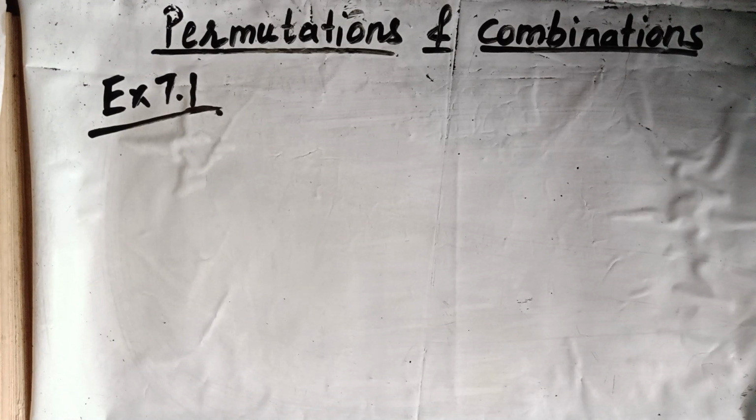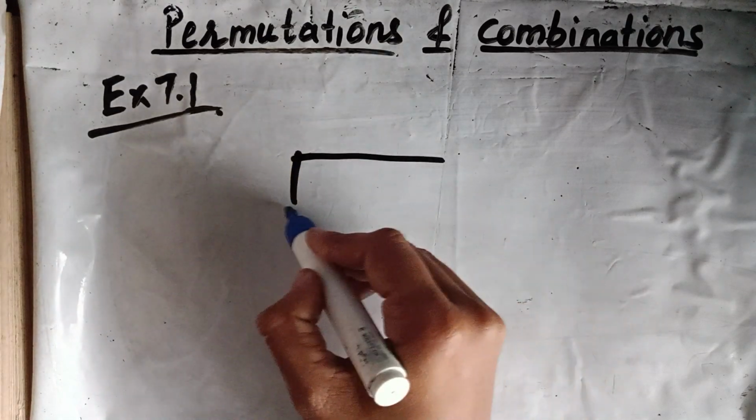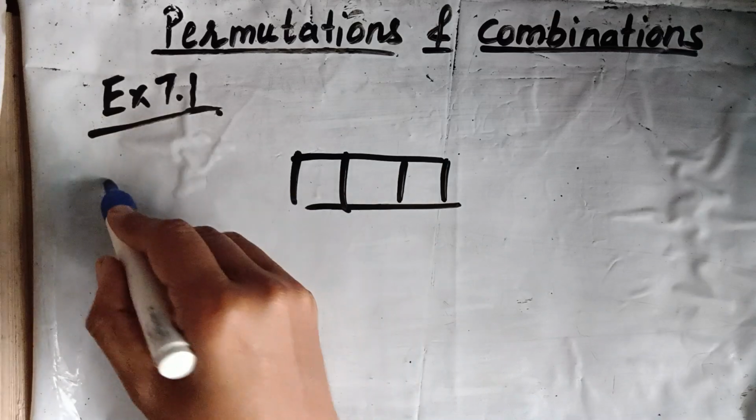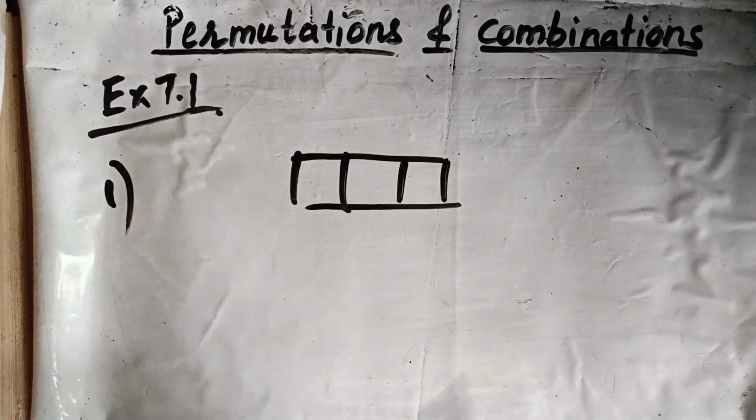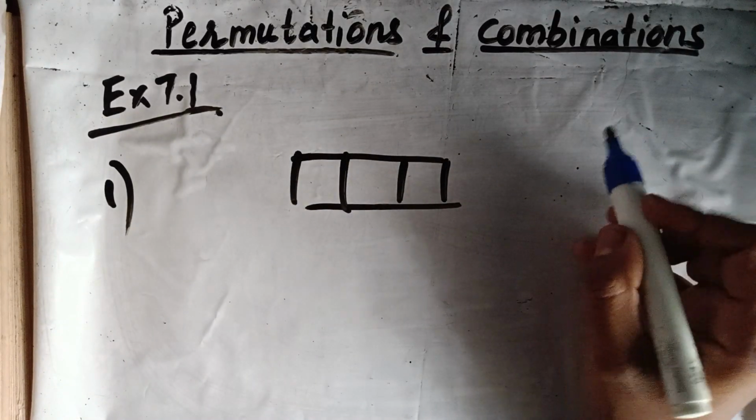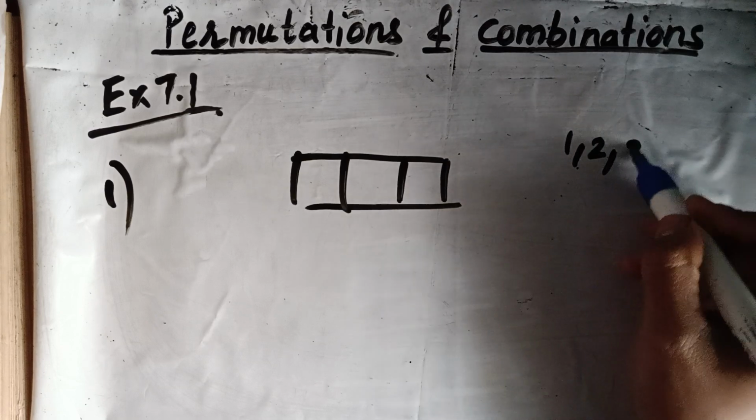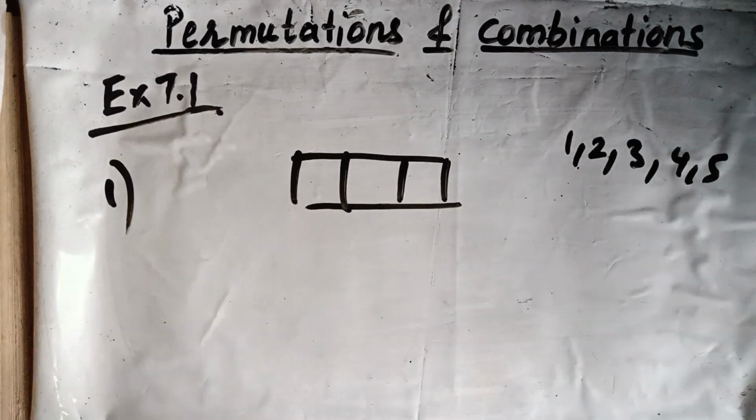Let's solve exercise 7.1. How many 3-digit numbers can be formed from the digits 1, 2, 3, 4, 5, assuming that repetition of the digits is allowed and repetition of the digits is not allowed? Okay, so 3-digit number, and we have the choices 1, 2, 3, 4, 5.